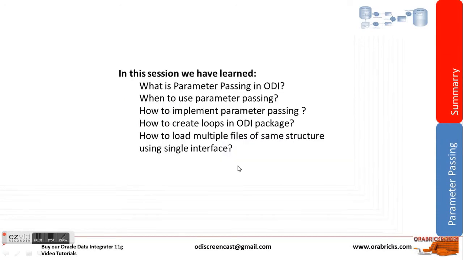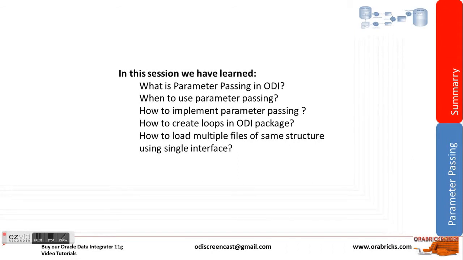So in this session we have learned what parameter passing is in ODI, when to use parameter passing and how to implement it. We also discussed how to create loops in an ODI package, and how to load multiple files of the same structure using a single interface, as you have multiple files from 01 December 01 to 31 December 01, all of the same structure.